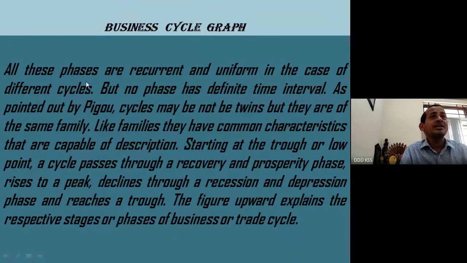Now all these phases are recurrent. Recurrent means one after another. It will happen frequently after regular intervals, like recurring accounts in our family, for savings, which take place after regular intervals. All four phases of the business cycle are recurrent and uniform in the case of different cycles. If we see, COVID-19 is also one business cycle, and throughout the world it is going on.